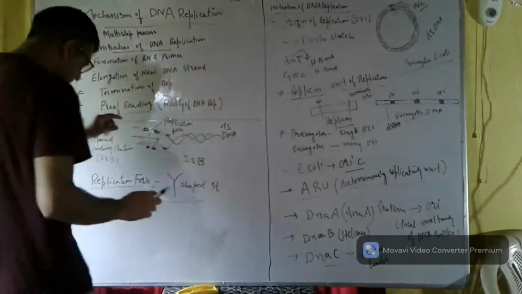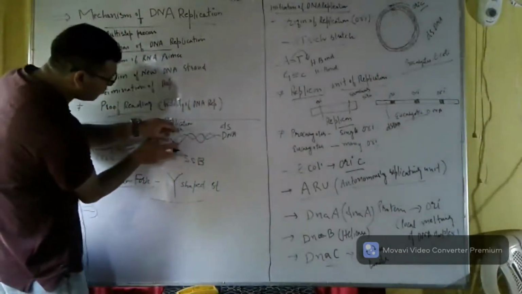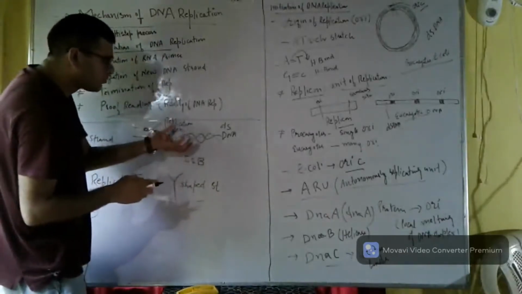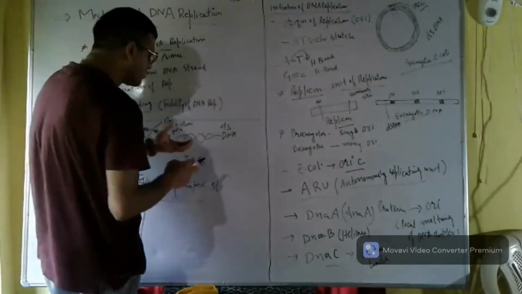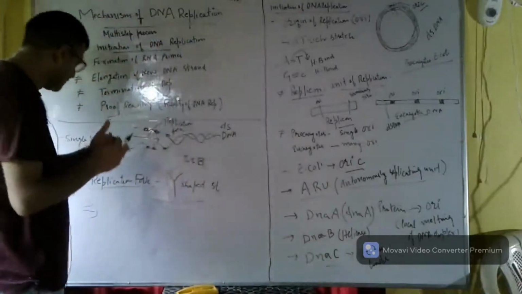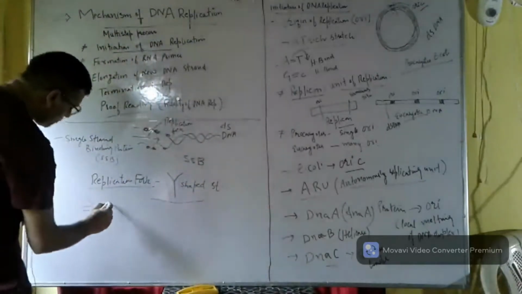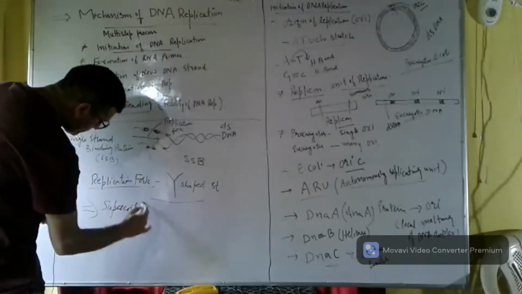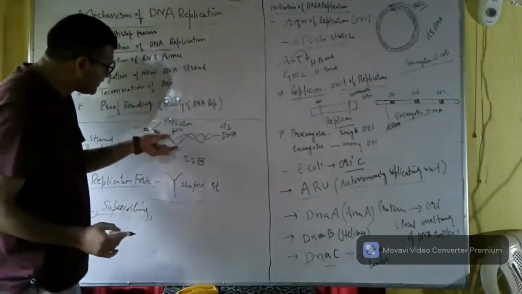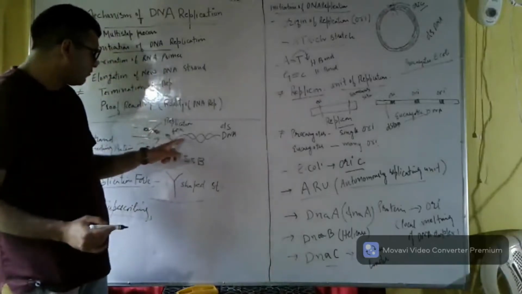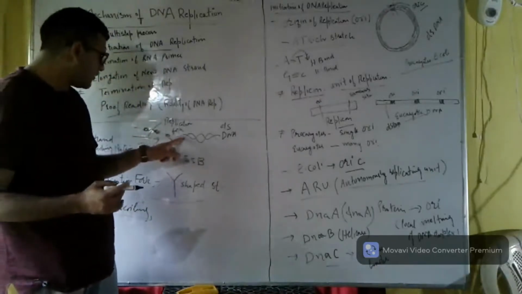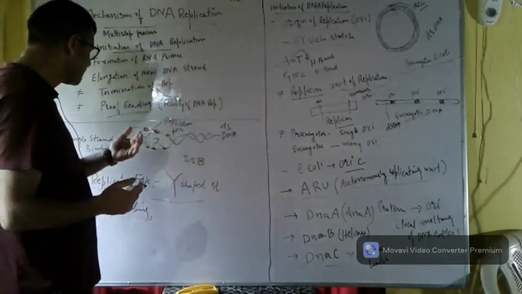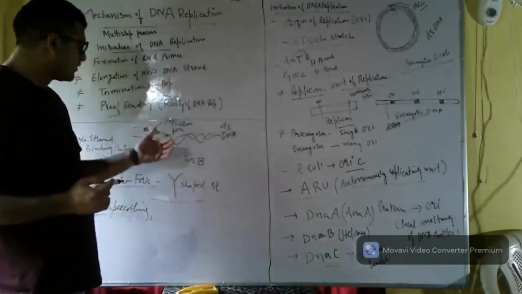When the replication fork moves ahead, there would be a coiling tension, called supercoiling. A coiling tension is created ahead of the replication fork, in the form of knots and twists. This coiling tension is known as supercoiling.